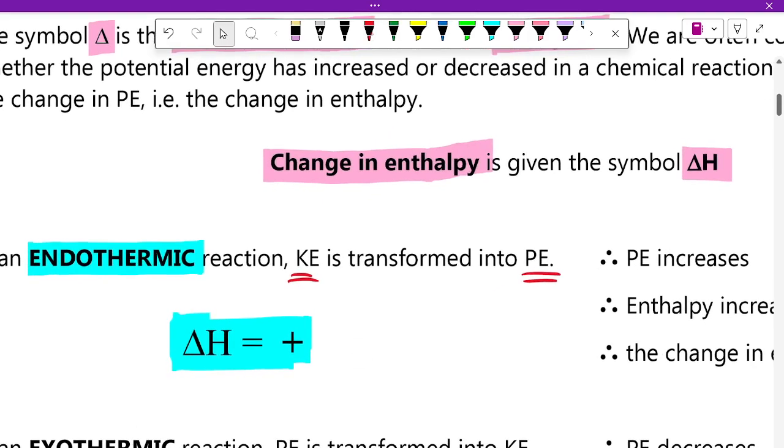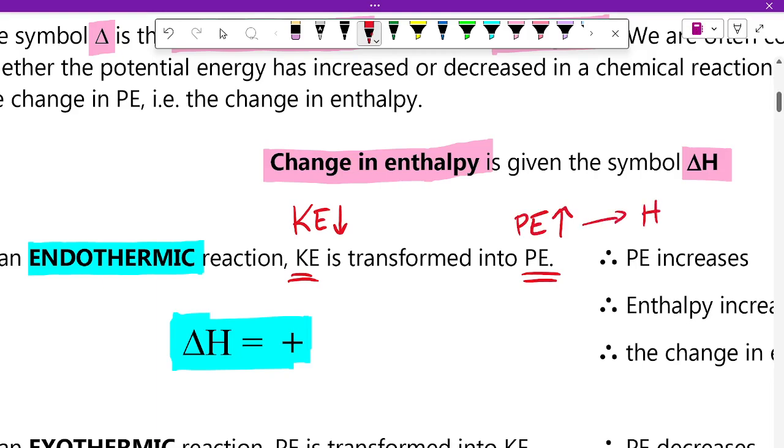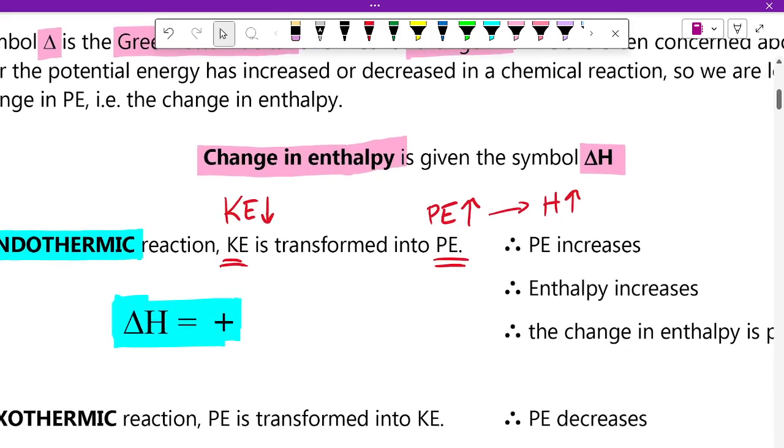And that means that our kinetic energy goes down and our potential energy goes up. And if our potential energy goes up, that means our enthalpy goes up, because you can think of enthalpy and potential energy as essentially the same thing. Okay, so potential energy increases, enthalpy increases. Therefore, the change in enthalpy is positive.